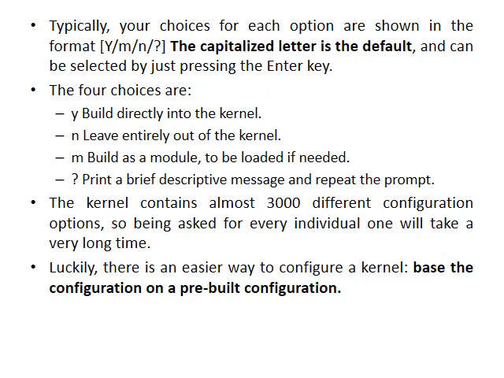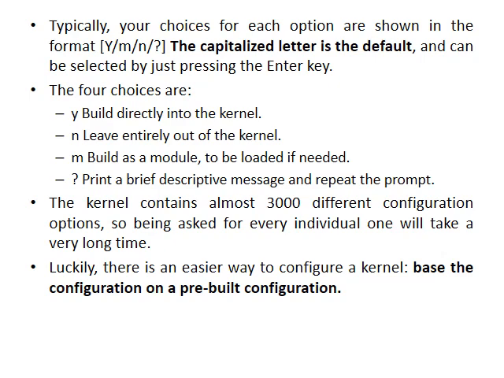The following are the options which you can specify after giving the make command. The kernel contains almost 3000 different configuration options, so being asked for every individual one will take a very long time, and it is better to take the pre-built configuration or base configuration.